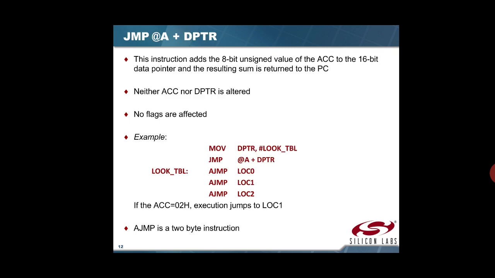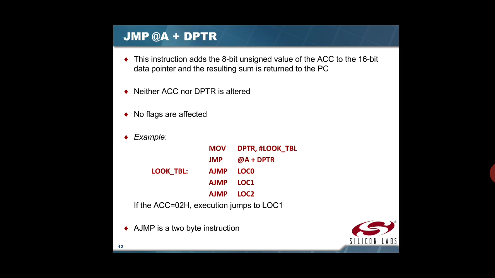JMP @A+DPTR means that whenever it jumps to the specific location, it will add the content of the accumulator plus DPTR. So how does the operation work here?